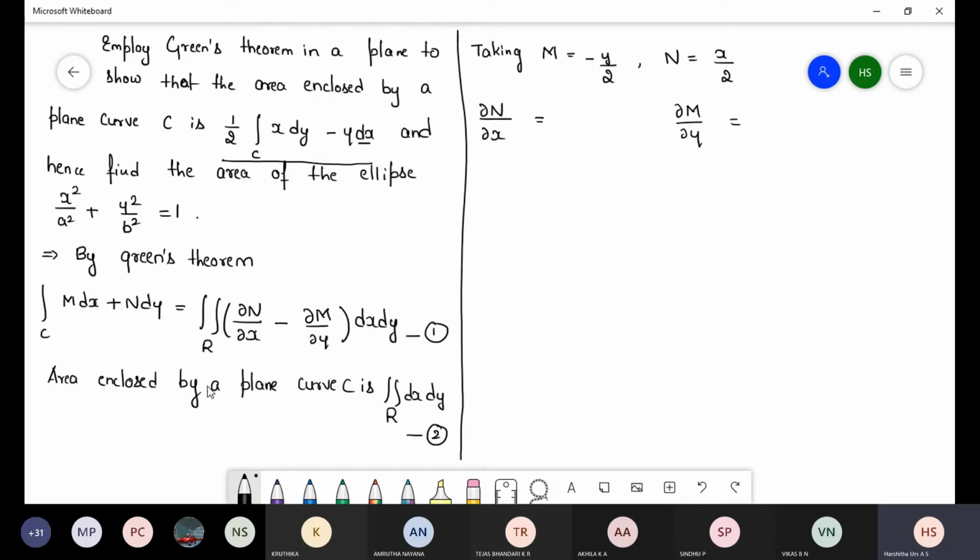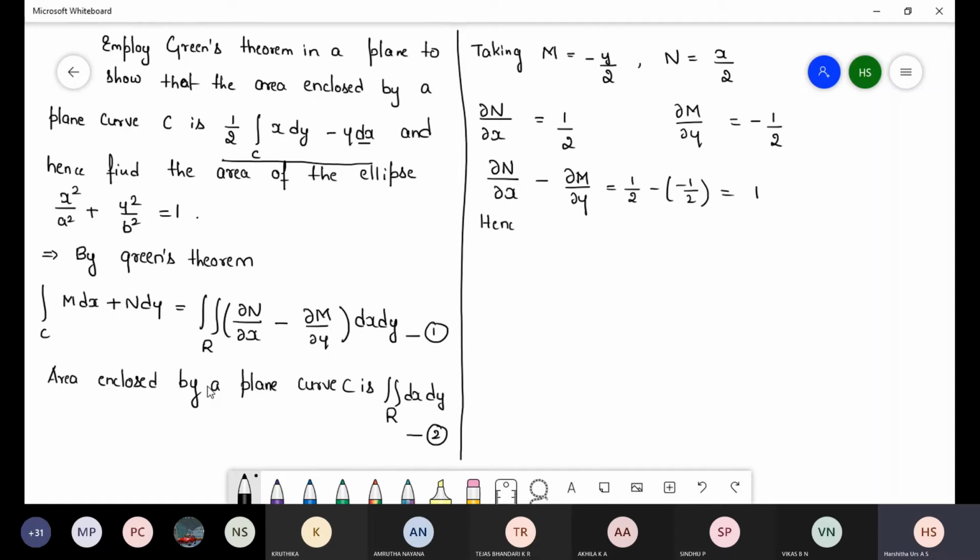N with respect to x means 1 by 2. M with respect to y means minus 1 by 2. So use the formula dou N by dou x minus dou M by dou y: 1 by 2 minus of minus 1 by 2 is equal to 1.